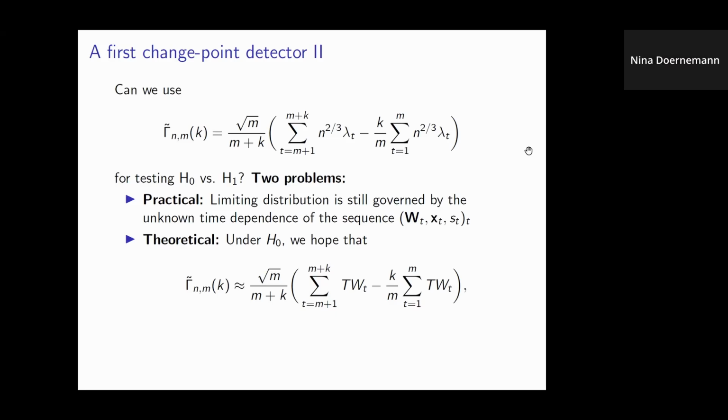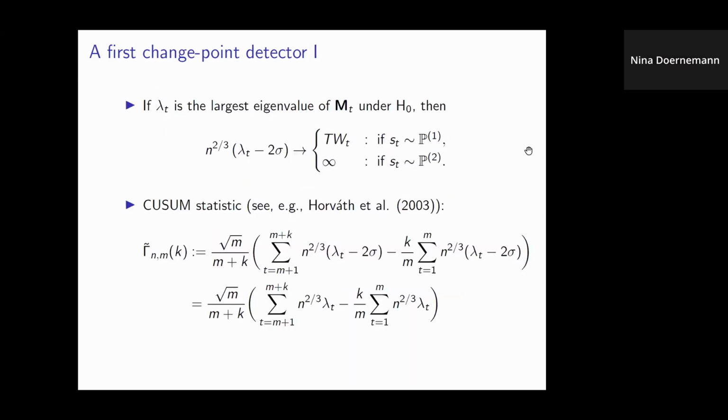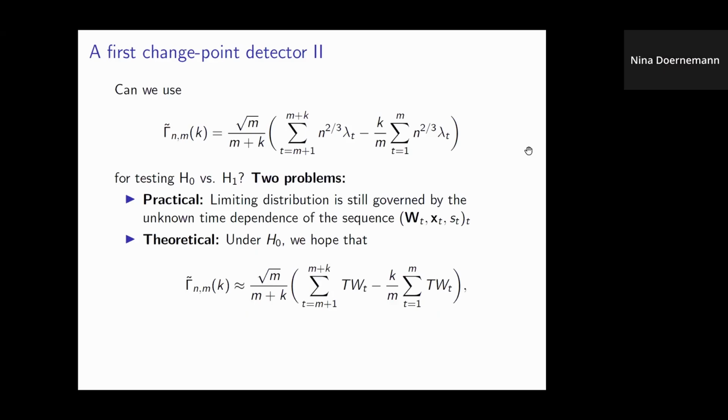And another thing is a theoretical problem. What I suggested here is that if we use this test statistic, then hopefully it will behave like this. So I can just substitute these limits that we know from random matrix theory.